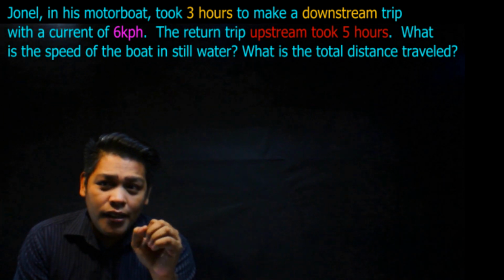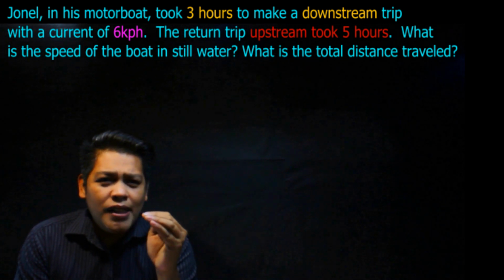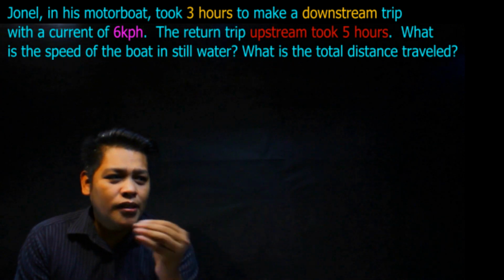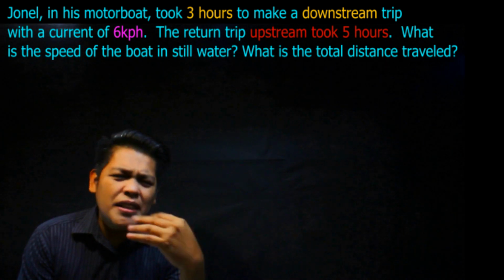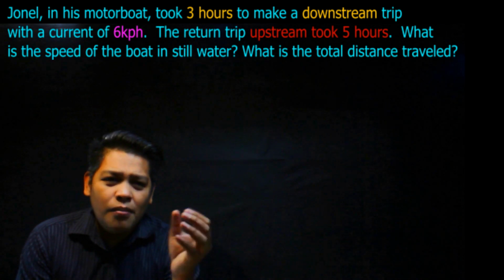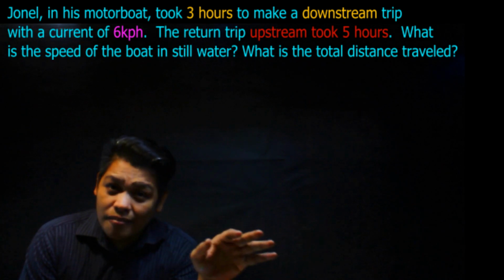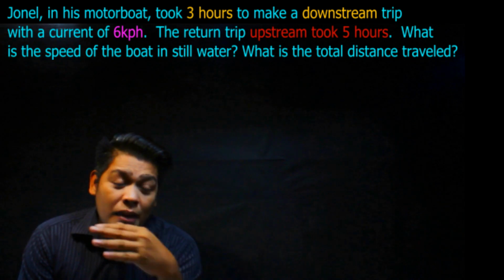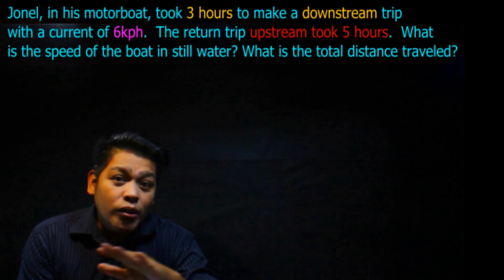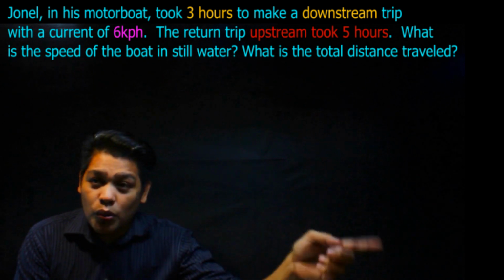Nasa boat si Junel. Then pag sinabi nating downstream, sa stream, pababa siya. Pero hindi naman ibig sabihin ng pababa, parang along with the current. Siyempre, kapag kasama mo yung current, mas madali ka makakapunta sa patutunguhan mo.